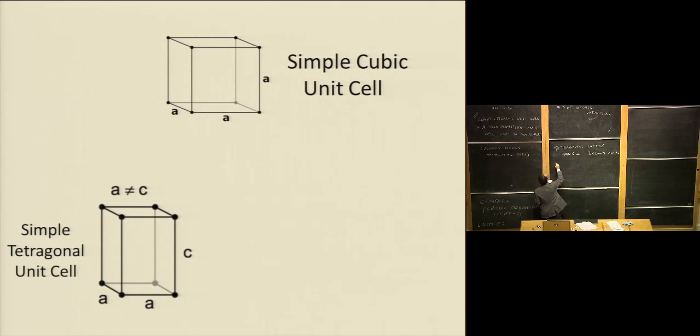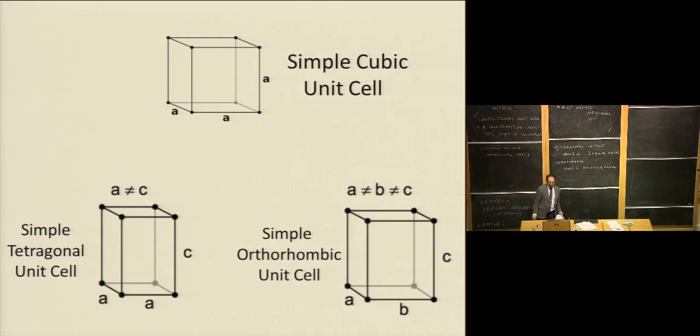The other we need to know is orthorhombic, which is axes perpendicular, no edges equal. Simple orthorhombic: all edge lengths different, but at least all orthogonal.